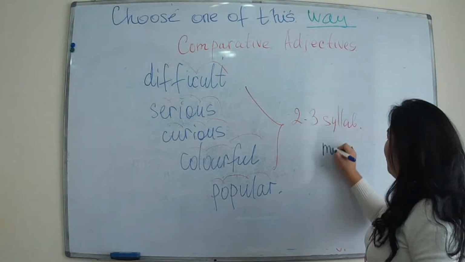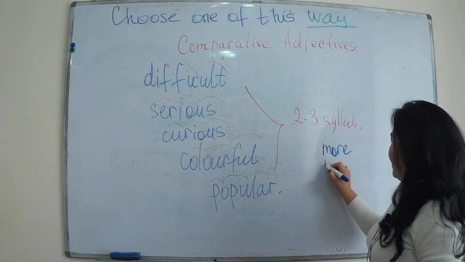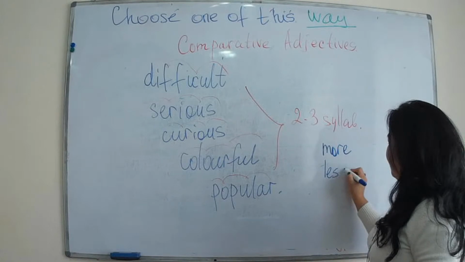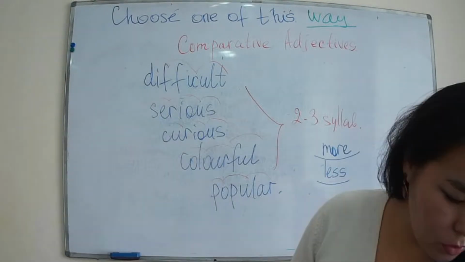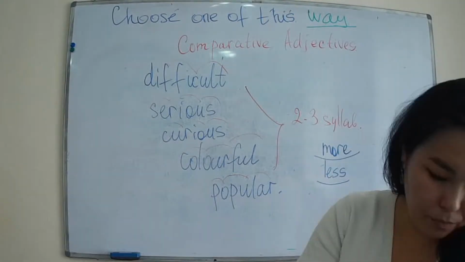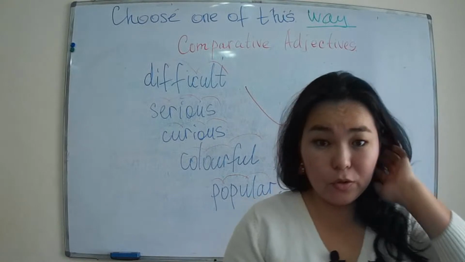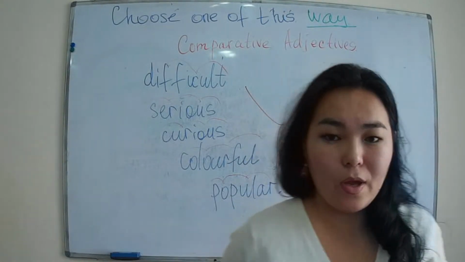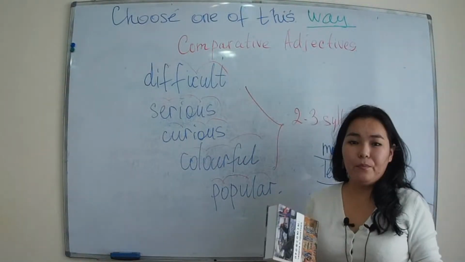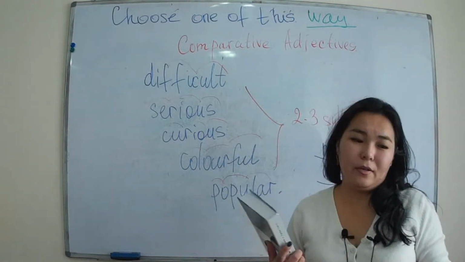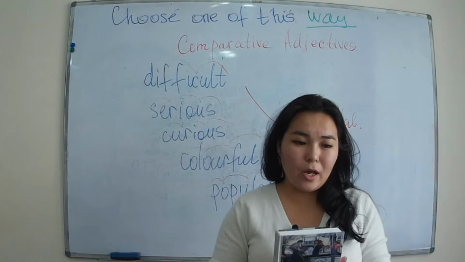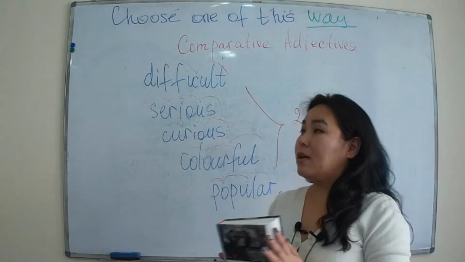more and less. More and less. For example, if I want to say about this book, for example, I have a book, and this book is bigger than another one. And I want to describe this book.